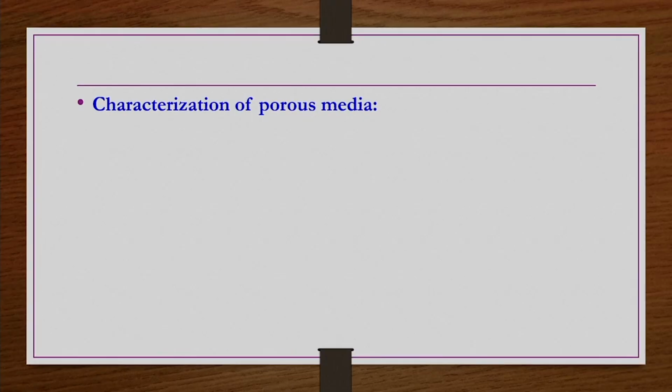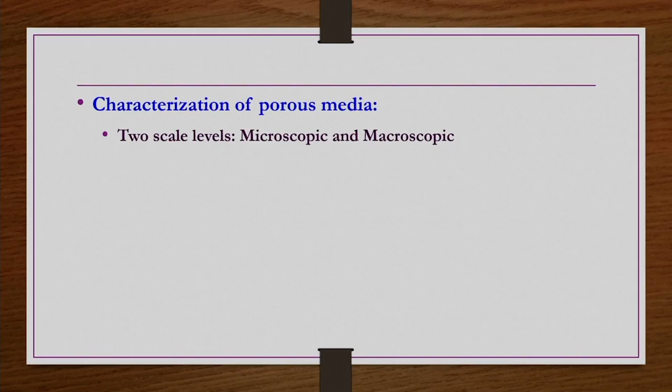There are two possible ways. That depends on the scale at which you are using these porous media. If you are using them at microscopic level, then there are certain different characterizations. If you are using the same porous media at macroscopic level, like packed beds or fluid catalytic reactors, etc., then we have different characteristics. So, based on the scale at which we use the porous media, it can be characterized at the macroscopic level as well as the microscopic level.